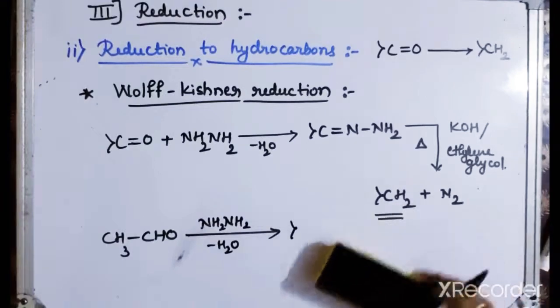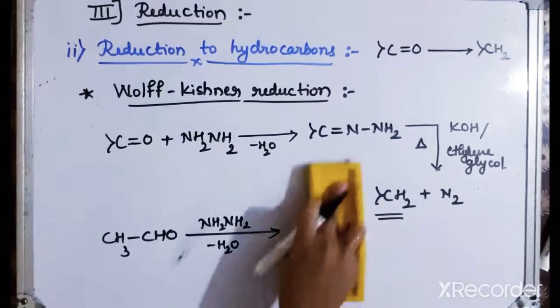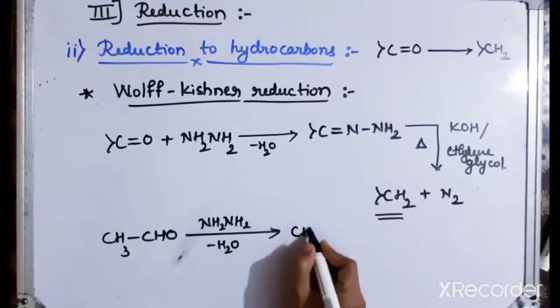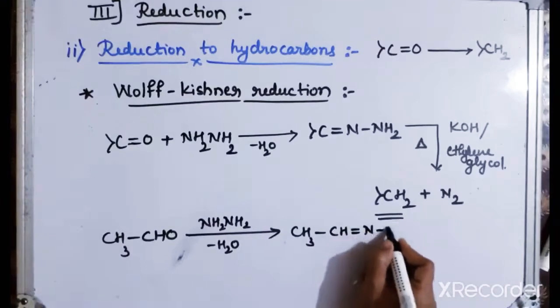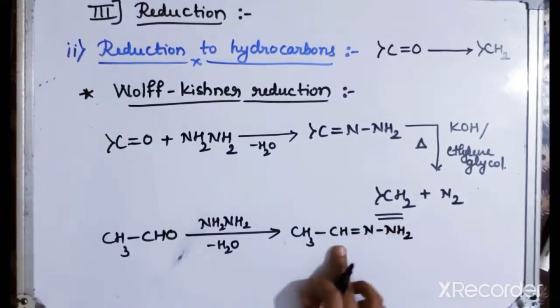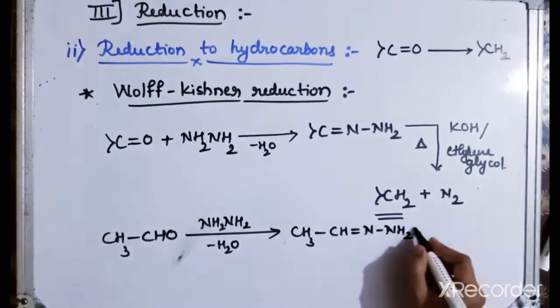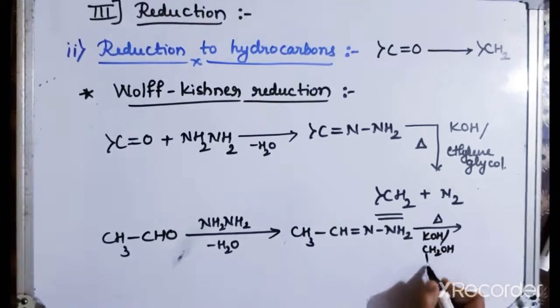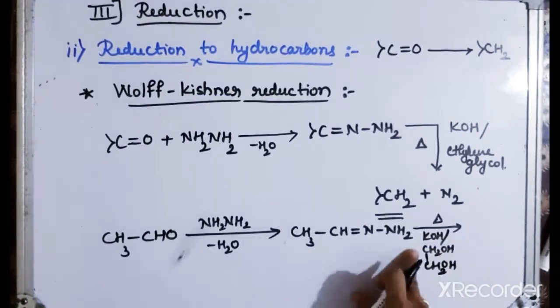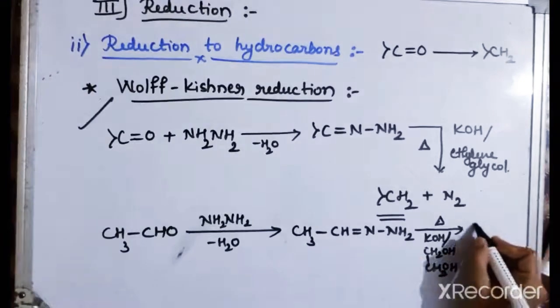I'll get a hydrazone, which is represented like this: CH3CH=N-NH2. This is formed. This on further heating with KOH and ethylene glycol, ethylene glycol is nothing but ethane-1,2-diol, gives ethane.